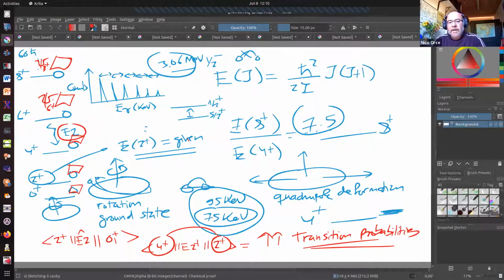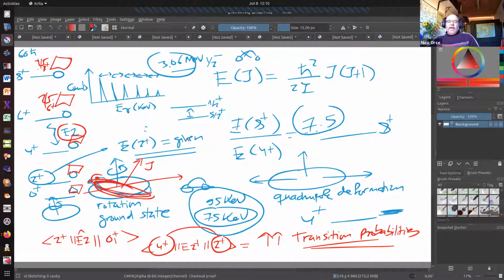If the nucleus suddenly does something else, then these transition probabilities will not be so big. But as it is the case of these two particles, we broke a pair of particles. Now the nucleus, this angular momentum, will couple there. Now the nucleus is not rotating around this axis. It's rotating around this axis. It's rotating like this. And I'll tell you why tomorrow.